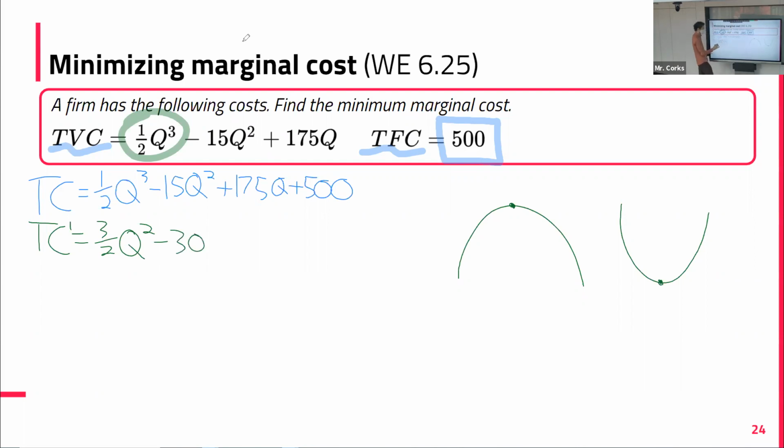Where is the 225 coming from? Okay, 15 squared, yeah. So minus 30Q plus 175. Remember our constant rule, this thing is just going to disappear from our derivative. Okay. So same question, do we have a minimum point?